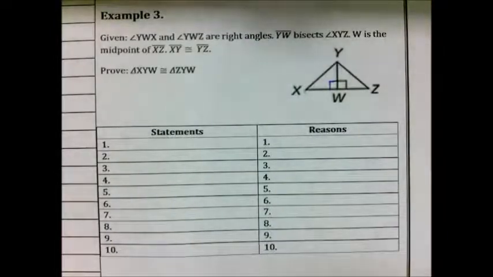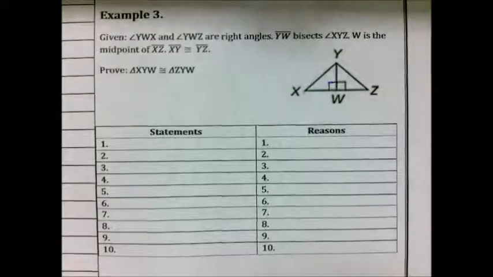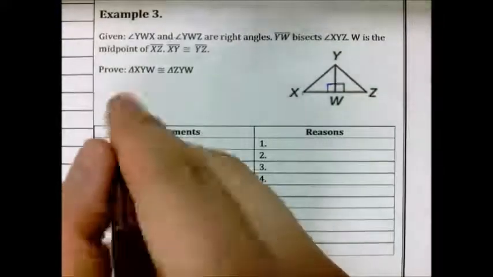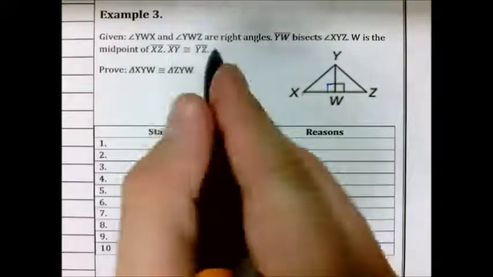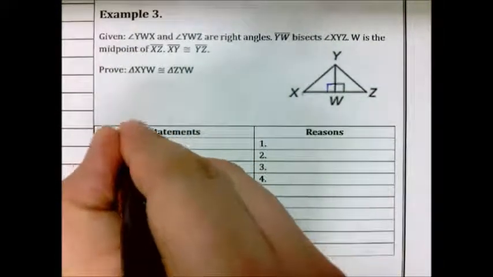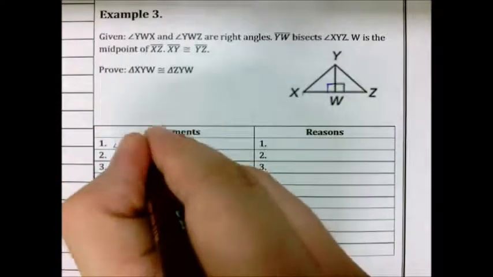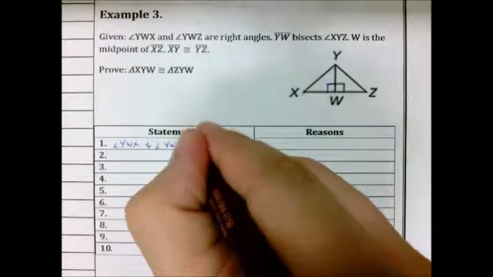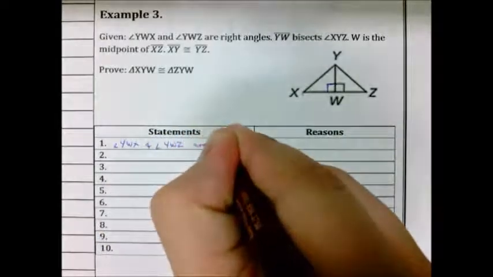Okay, and so we're going to go through statements and reasons, and when you're given a blank slate like this, the best thing to do is start with the first given information, and what you can imply based on that information. So the first given is that angle YWX and angle YWZ are right angles.